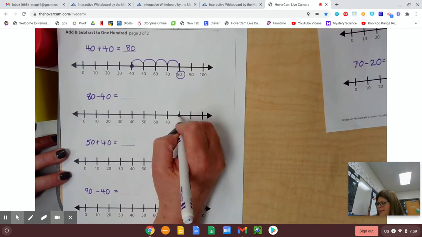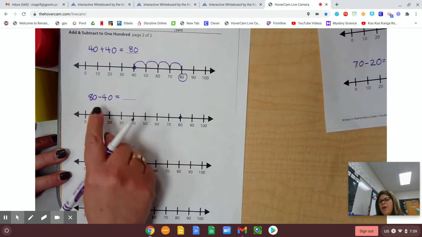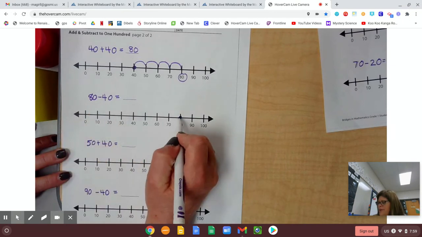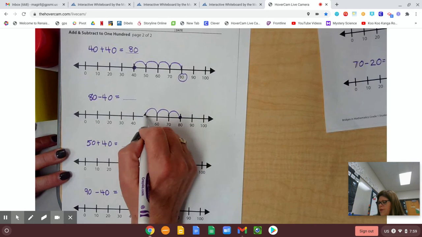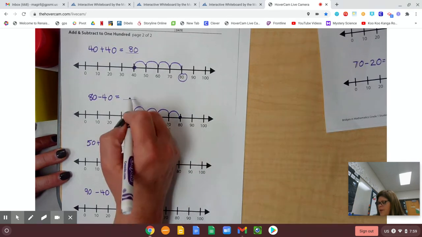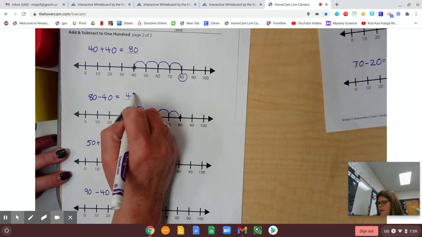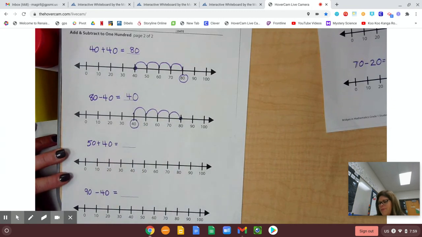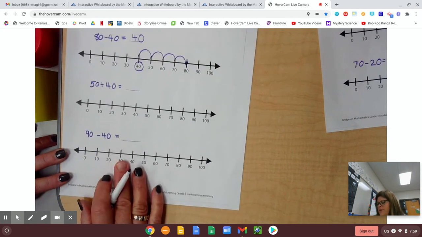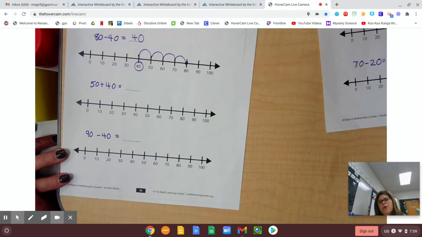Let's start on 80. Take away 40. You need to go backwards. 10, 20, 30, 40. We're on 40. Very good.